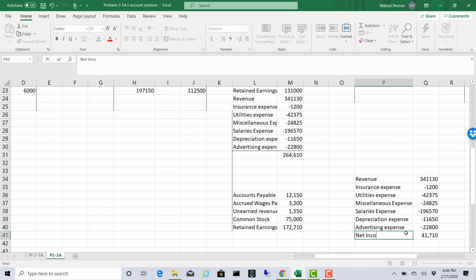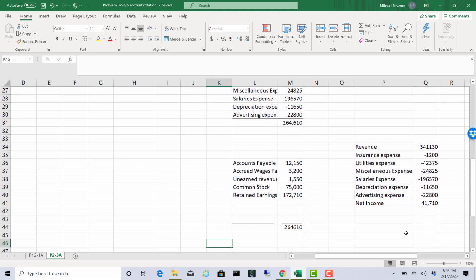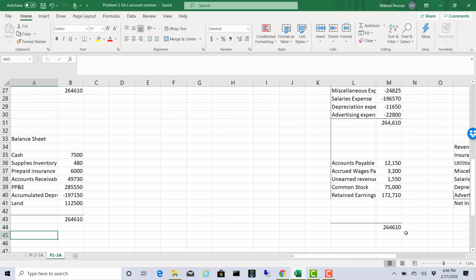So my net income for the year was 41,710. My total assets end up being 264,610, and my liabilities plus owner's equity is 264,610.